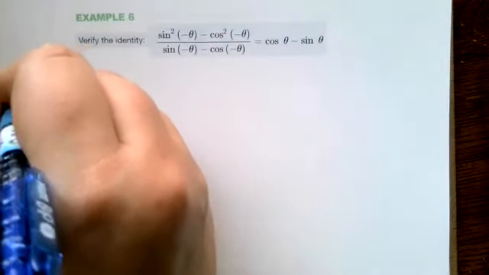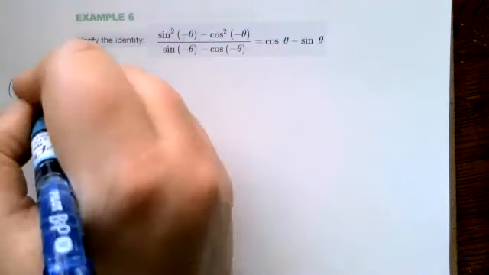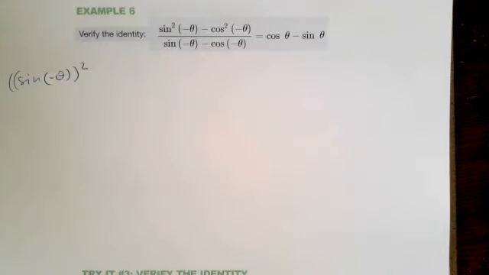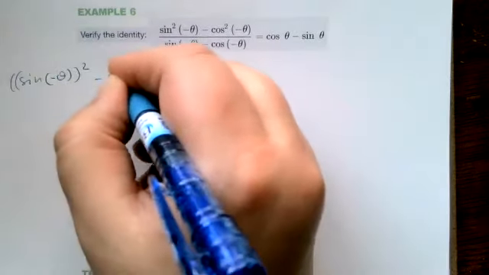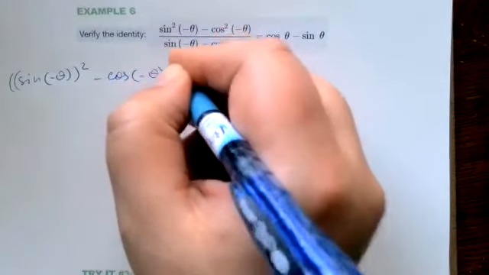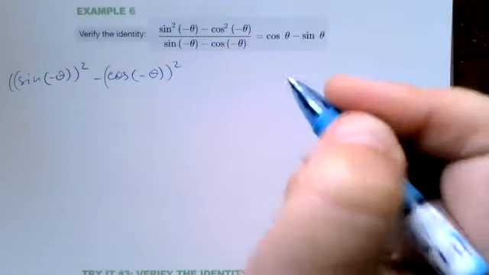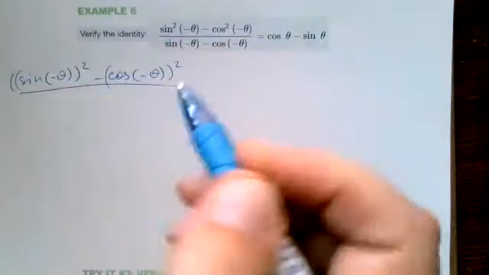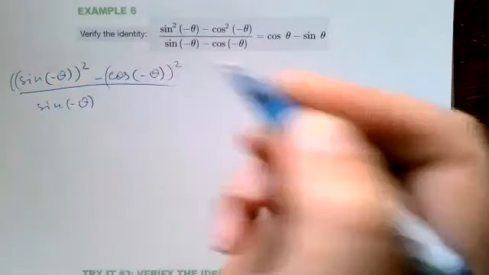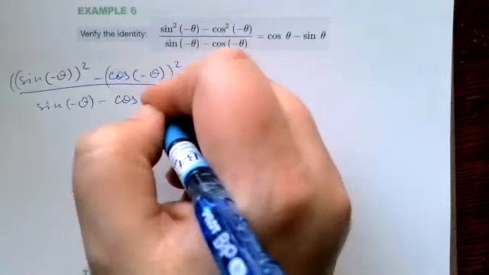So we have sine of negative theta squared minus cosine of negative theta squared, right? Divided by sine of negative theta minus cosine of negative theta.